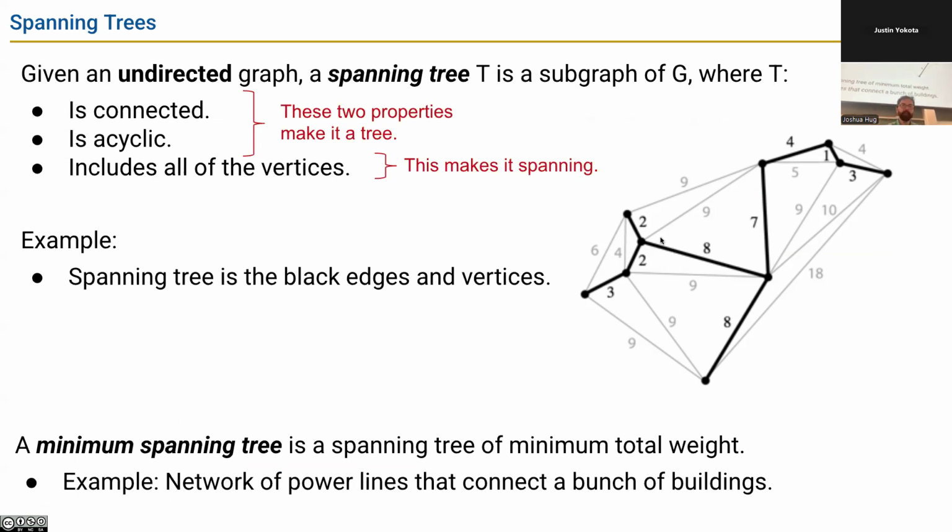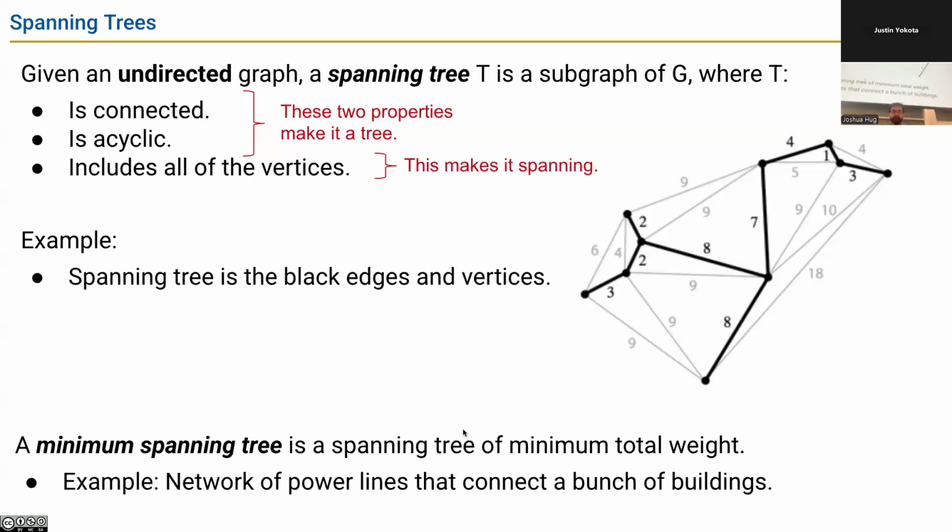And it includes all of the vertices. These top two things make it a tree, and the fact that it includes all of the vertices makes it spanning. So all the vertices are connected by some edge. This is an example of a spanning tree, but there are many spanning trees, of course. Now, a minimum spanning tree is a spanning tree whose total weight is the smallest possible in the graph.